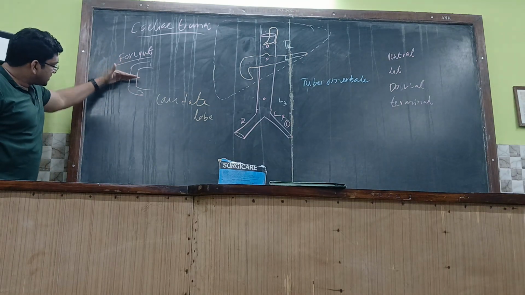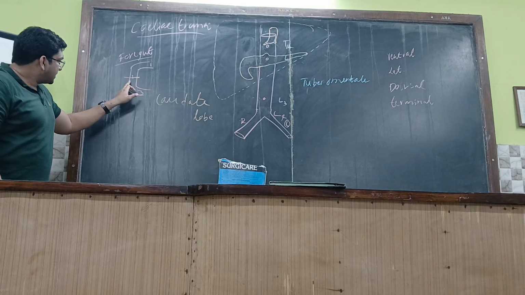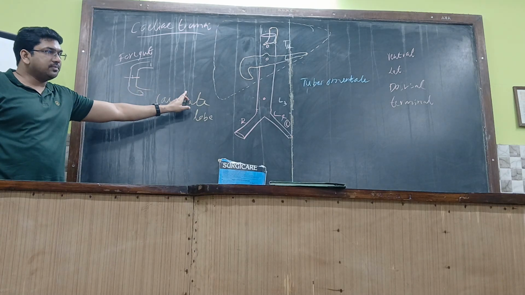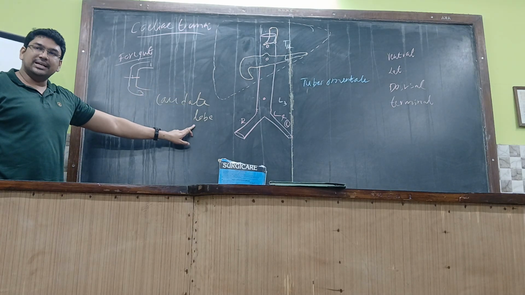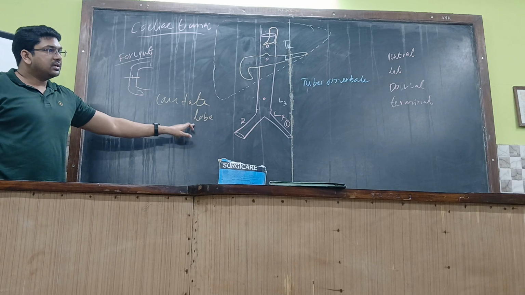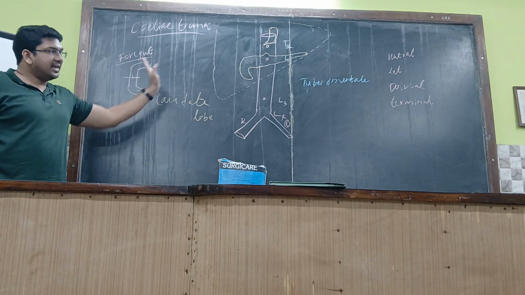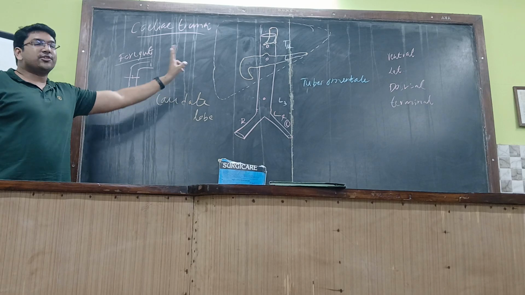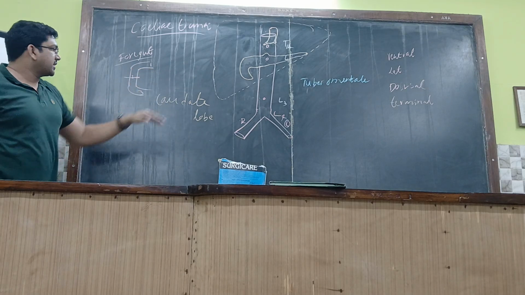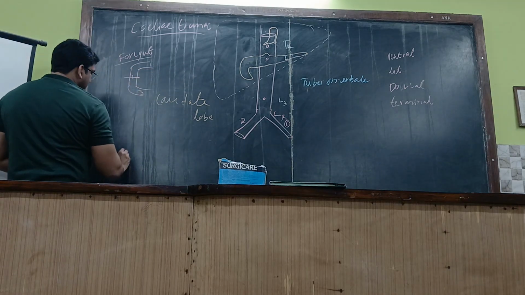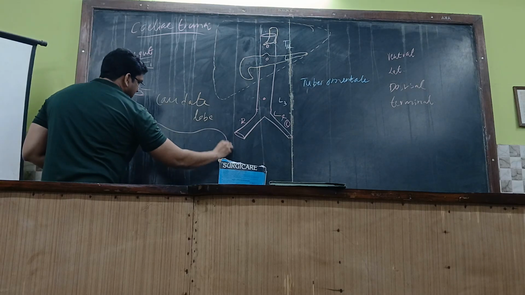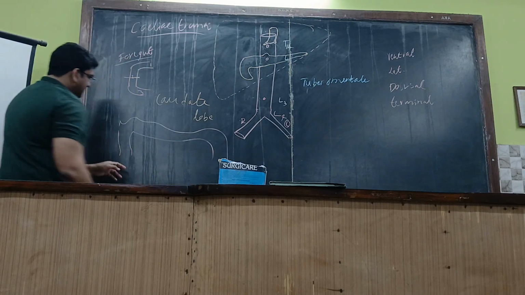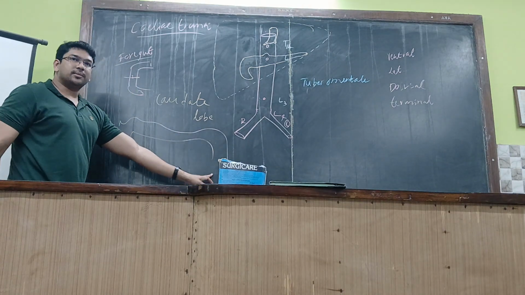From here starts the midgut. The rest of the duodenum, jejunum, ileum, and then cecum, ascending colon, and the junction between the right 2/3 and left 1/3 of the transverse colon. This is the ascending colon, transverse colon, descending colon.